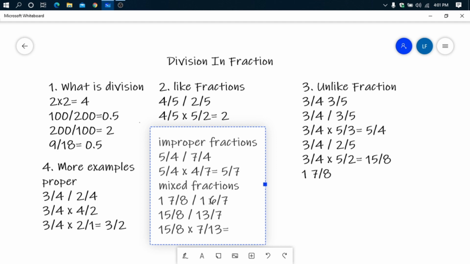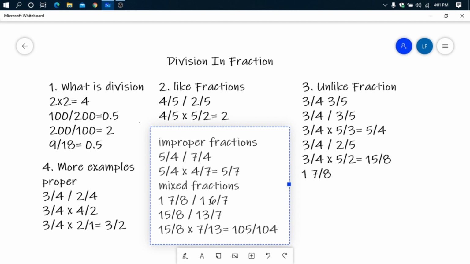So 7 times 15 equals 105, and 8 times 13 equals 104.